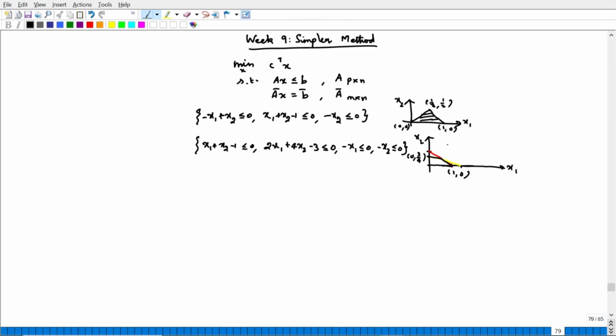Now, given that x1 is greater than or equal to 0 and x2 is greater than or equal to 0, you have only this part. You can see that this is a quadrilateral, a 4-sided polygon, and the intersection point is half comma half.